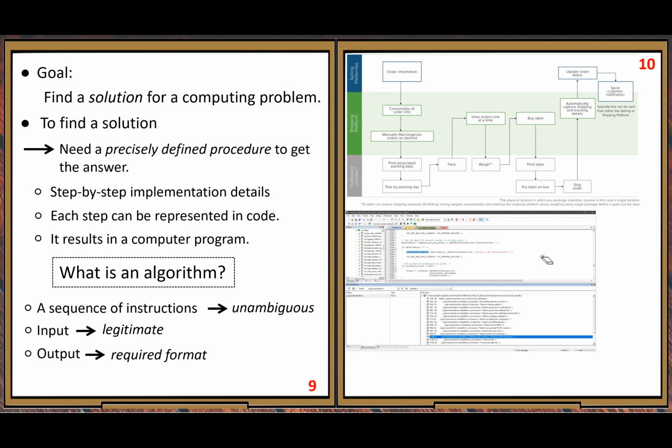And your customers need some specific data format for the returned result. So you need to make sure your output follows that particular format.